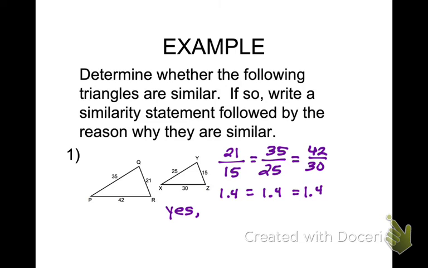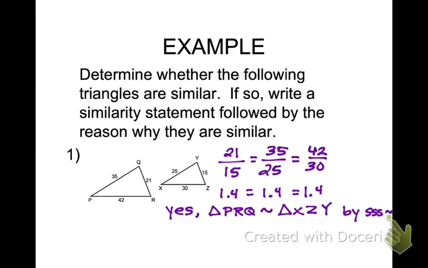Write a similarity statement. Okay, so triangle PRQ is similar to triangle XZY, P would match up with X, R to Z, Q to Y, by side, side, side similarity.